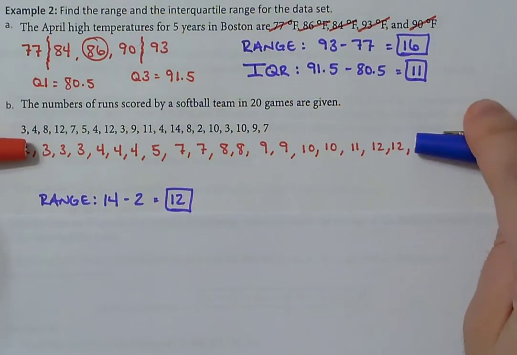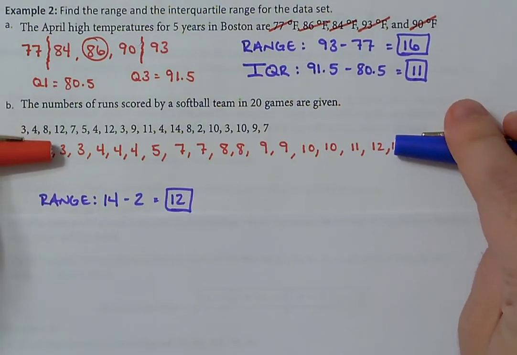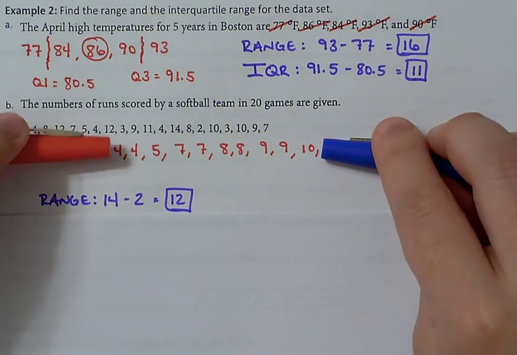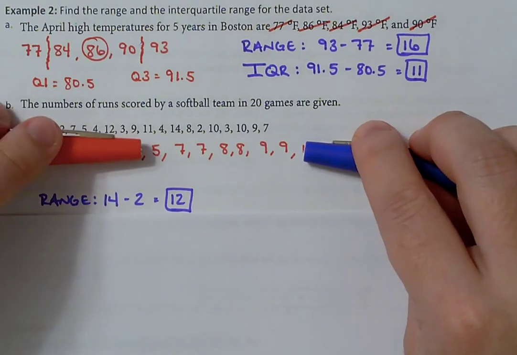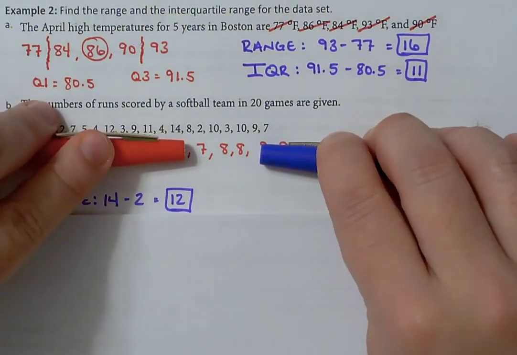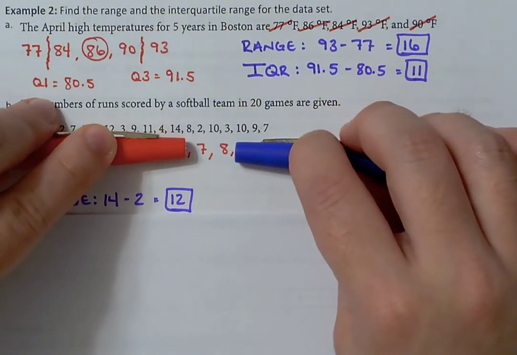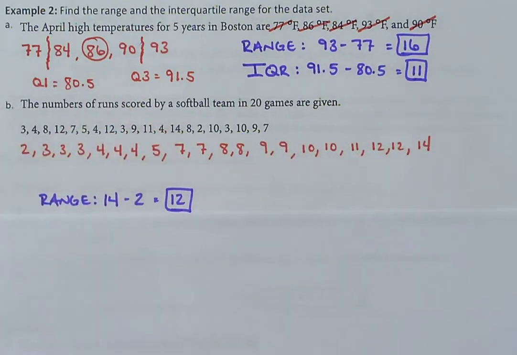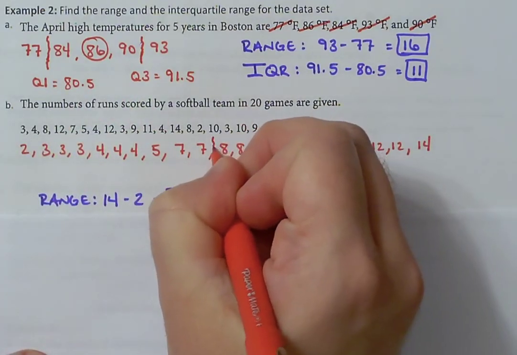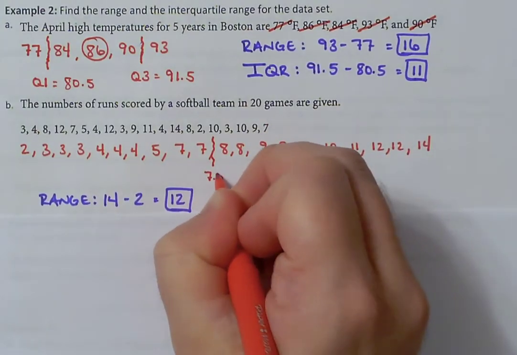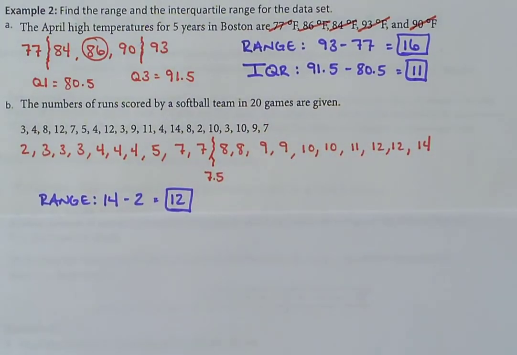So we start with 2 and 14, 3 and 12, 3 and 12, 3 and 11, 4 and 10, 4 and 10, 4 and 9, 5 and 9, 7 and 8, and then we end up with 7 and 8. So that means our median is going to reside between 7 and 8. And if we calculated, our median would be 7.5 for this data set.